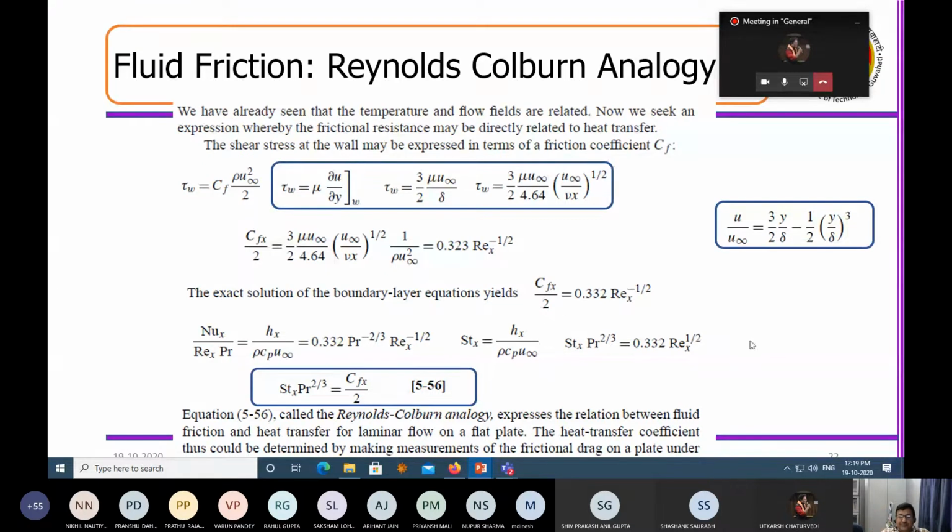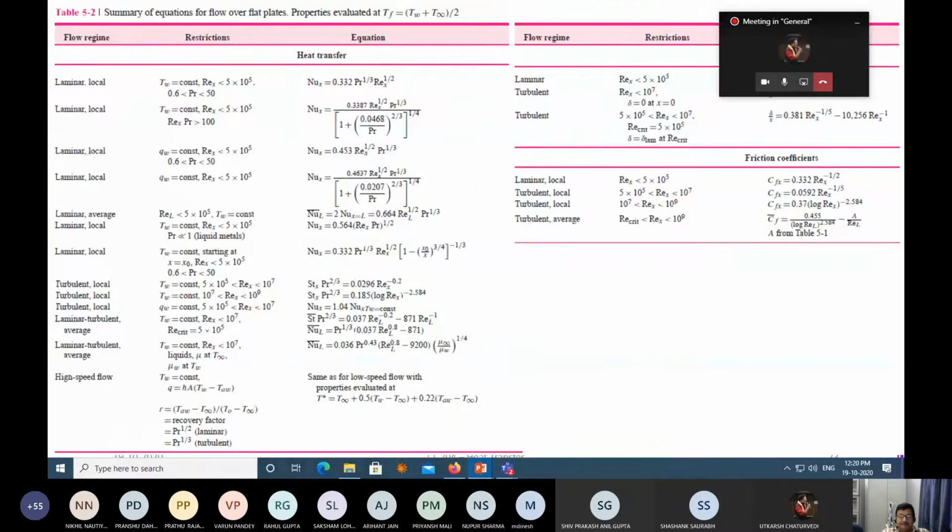So if you use this analogy, using the Stanton number and the Prandtl number, if you know the Prandtl number and the Stanton number, you will be able to get the friction coefficient, which is Cfx by 2. So these are also very important correlations where you can dynamically get the parameters. If you do not have any idea what is going to happen, you may just straight away use these equations in order to get those parameters.